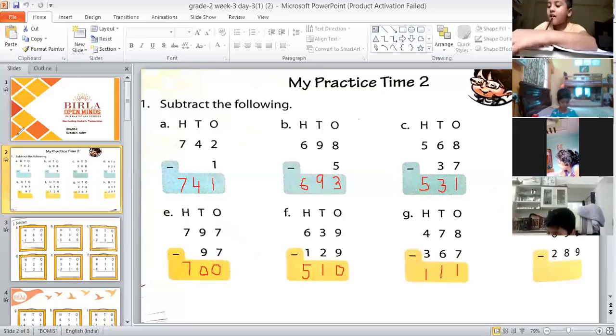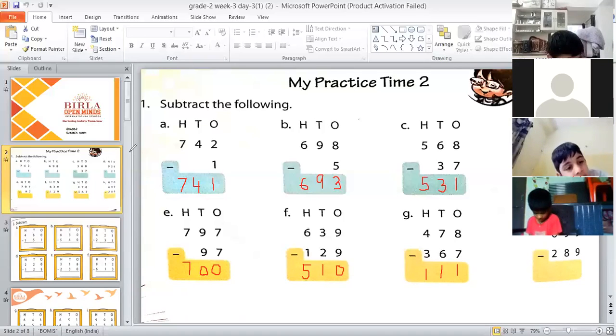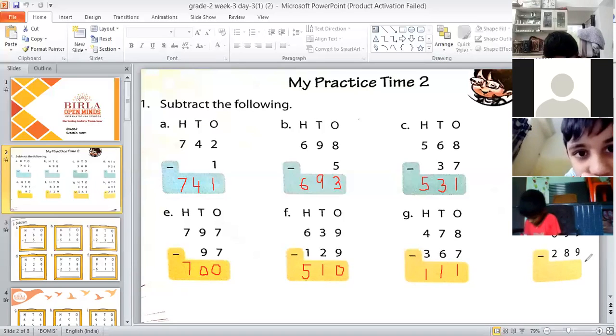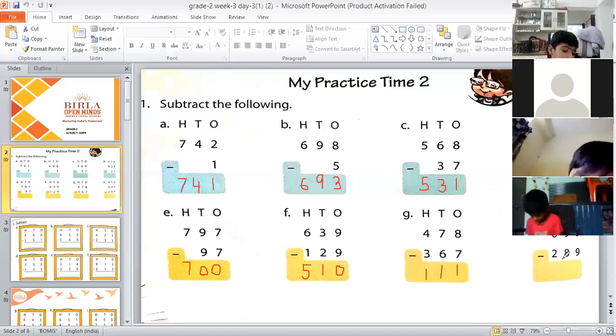So, Supratik, now you tell me answer for bit H. First, read that question. Read that question. 699. Yes, 690 minus 289. How you will read it as 289. Very good.